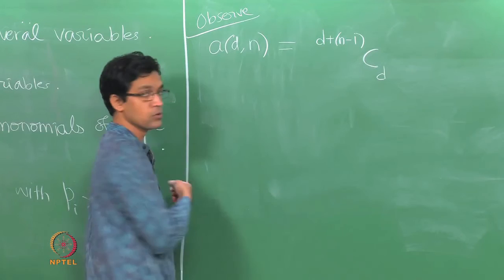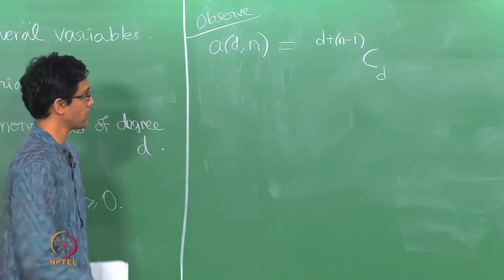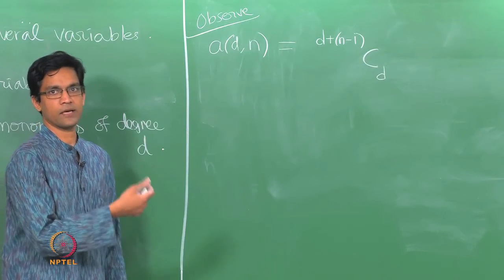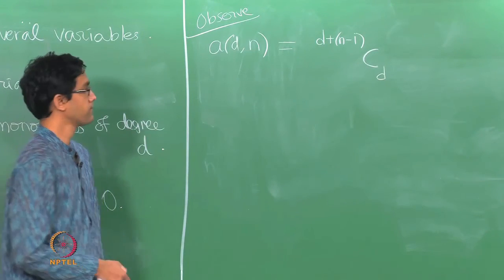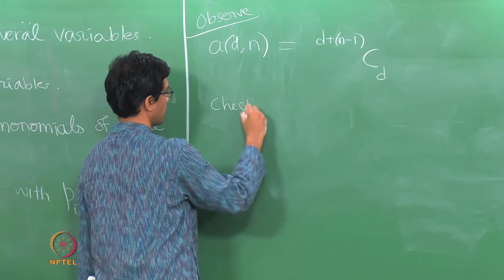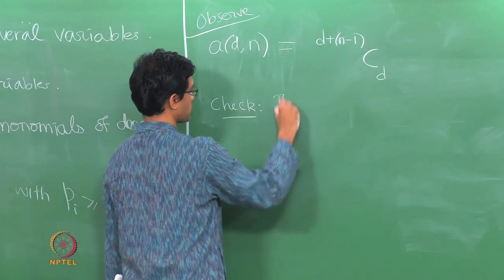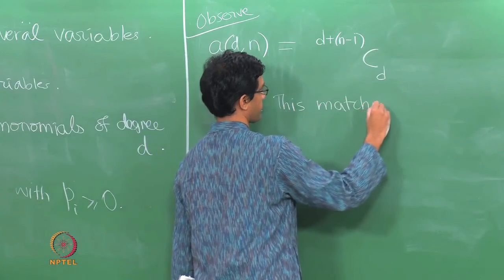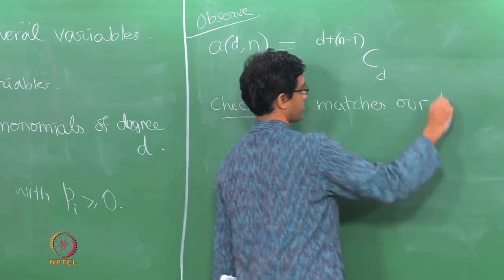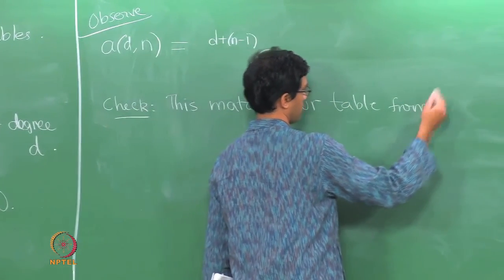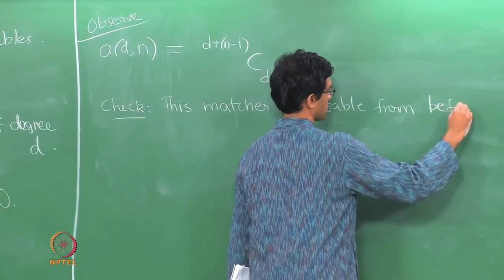So what I would like you to do is to go back to that lecture where we tabulated the values of a d n and where we obtained that nice recurrence relation, and check that this in fact matches the values in the table from one of the past lectures.